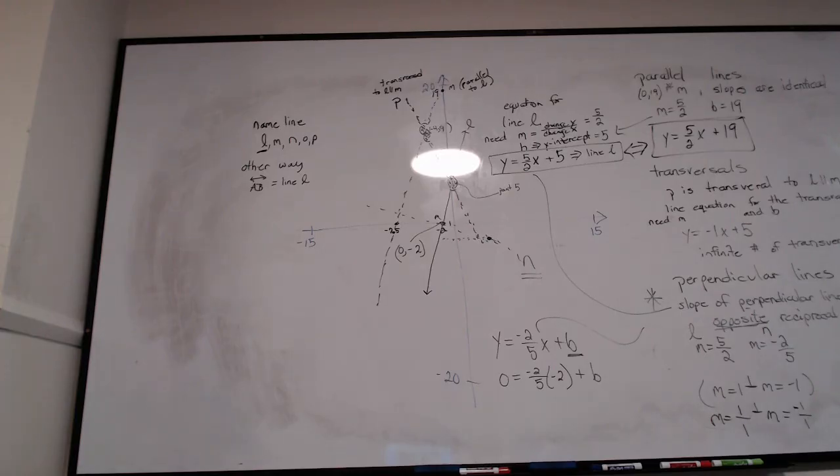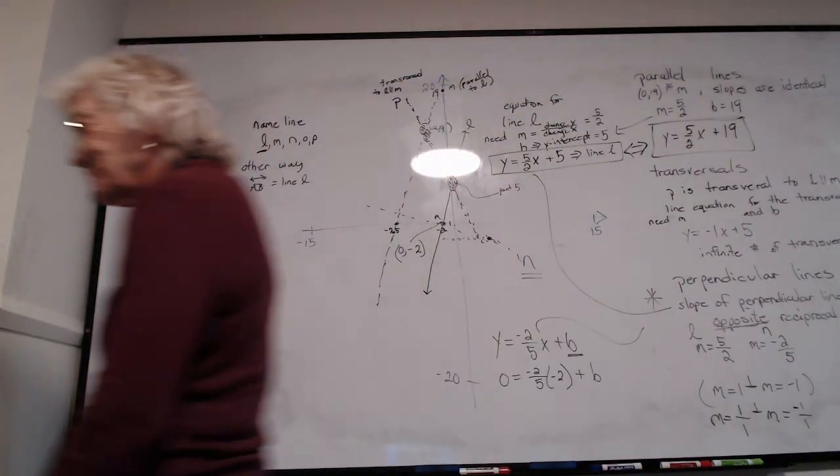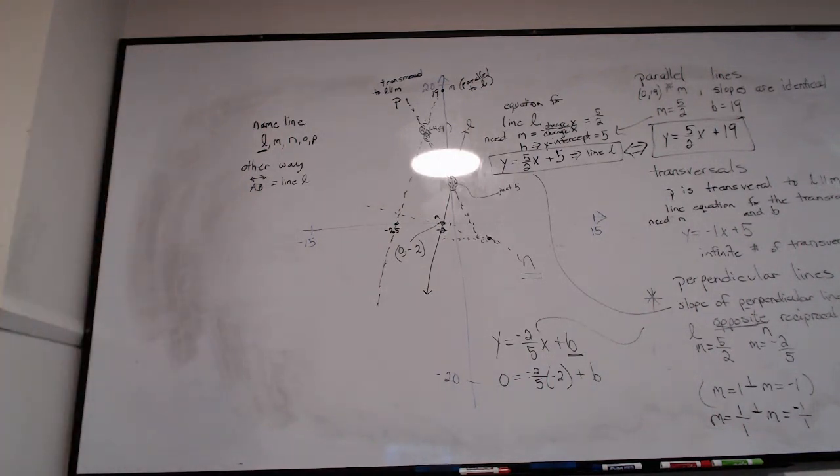So it's -2/5 times 3 is negative 1.2, plus b equals -2. We went through this point, so it's actually plus 1.2. B equals 0.8.